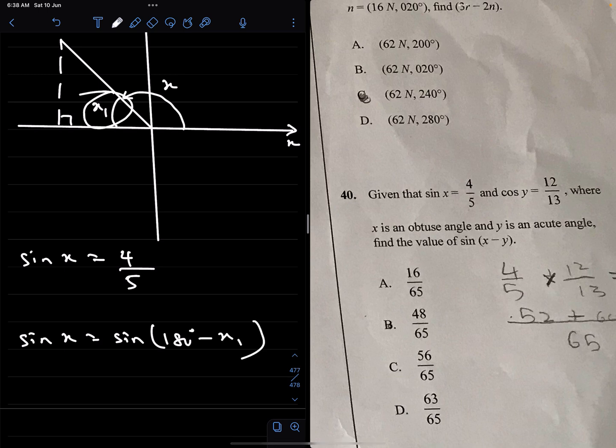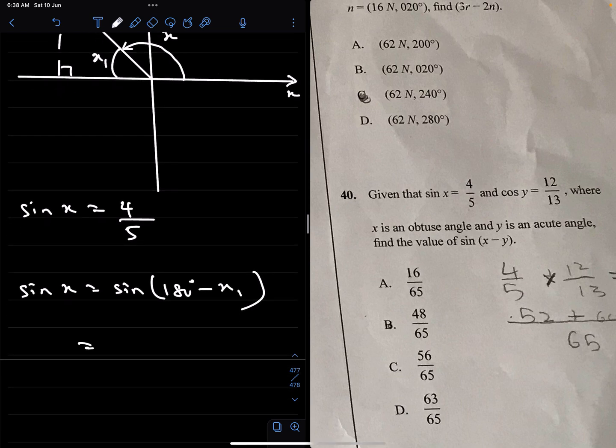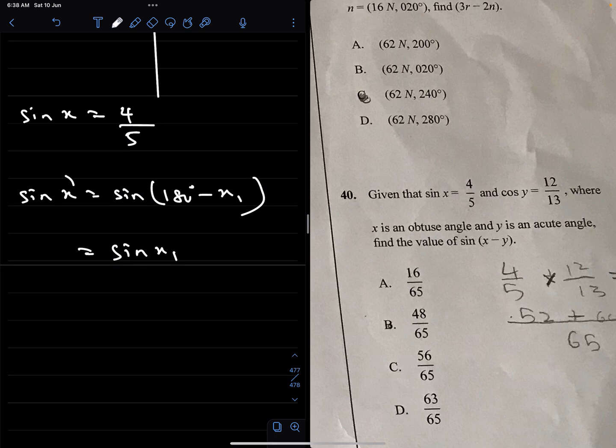Don't forget that x1 is the acute angle that corresponds to x. So sine x is going to be sine x1, because sine is positive in the second quadrant. And if sine x is the same as sine x1, that means sine x1 is also equal to 4/5.